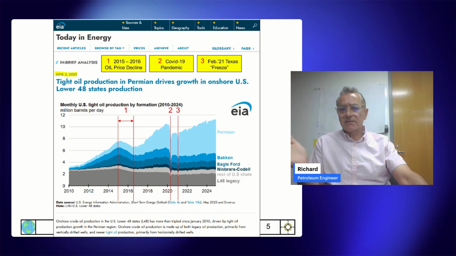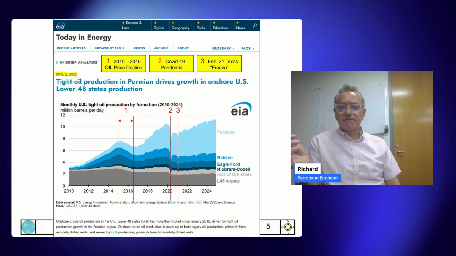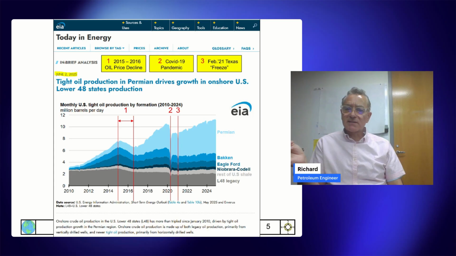There's a few key spots that I'd like you to take away from it. Region number 1, which I've outlined, is basically the 2015-2016 oil price decline. And what occurred there in terms of productivity loss was associated with persons being financially unable to afford to drill horizontal wells and sell the crude oil at a price to get a return.